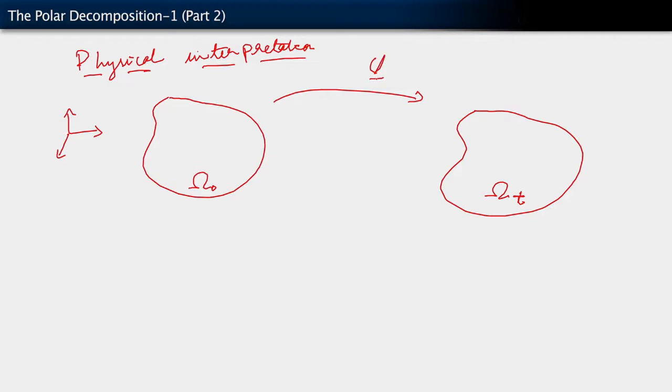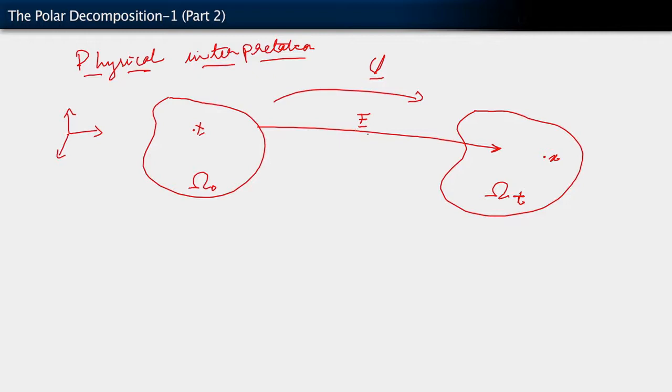Now, we are going to consider a little neighborhood of material here. Let's consider a point X here. We know that that point goes to little x, and that vectors around capital X, around the reference position, are mapped by the deformation gradient to vectors around little x.